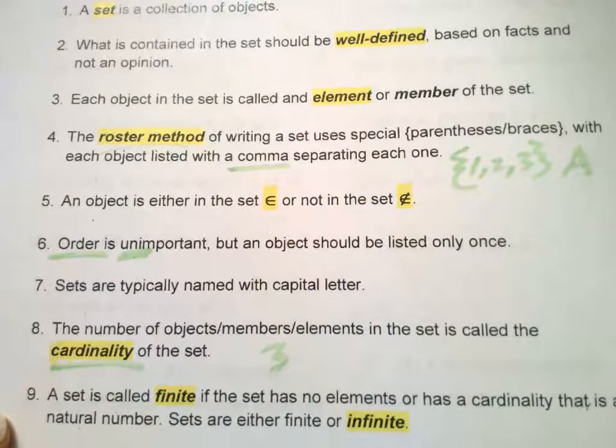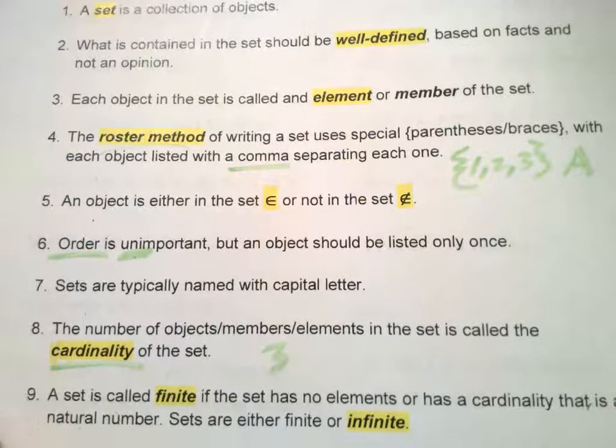A set is called finite if the set has no elements or its cardinality is a natural number. Sets are finite or infinite. So I have a finite set above that I made, 1, 2, and 3. Its cardinality number is 3.